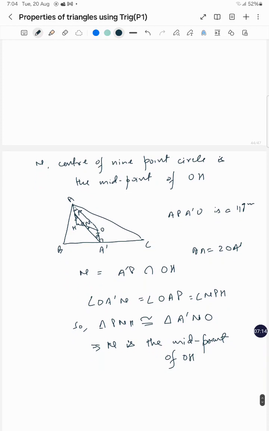So as a result of this, we can say that N belongs to OH. H and O are collinear, where N is the center of the 9-point circle, not as the intersection of these two lines A prime P and OH, but as the center of the 9-point circle lies on OH.